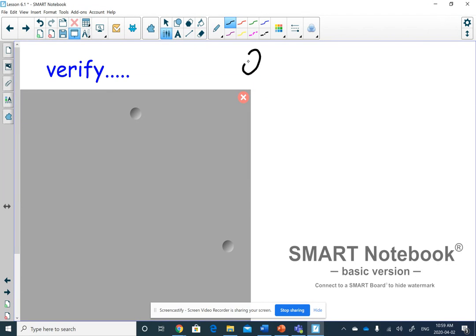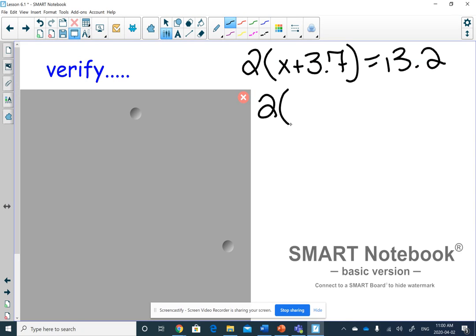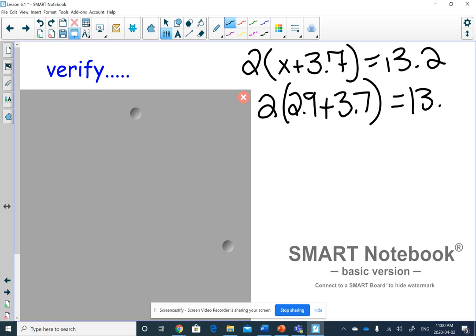So 2 times (x plus 3.7) equals 13.2. And then I'm going to plug in the answer I got. So the answer I got was, of course, 2.9, right? So 2 times (2.9 plus 3.7), and I'm going to see if I get 13.2.